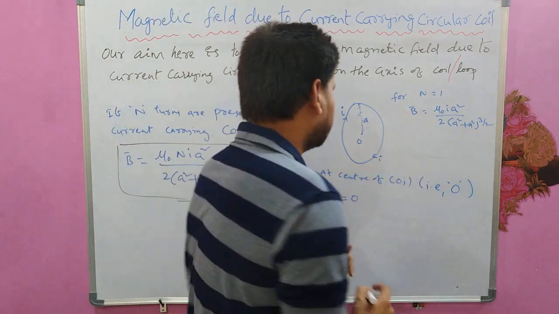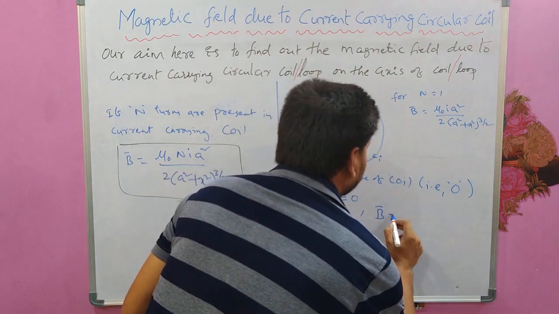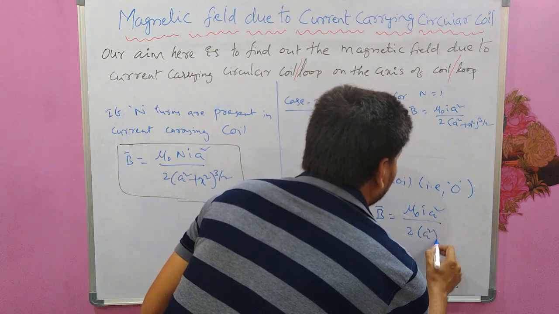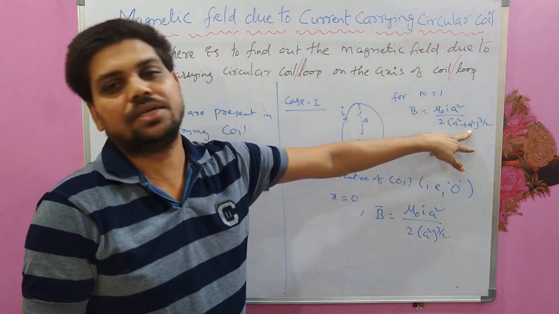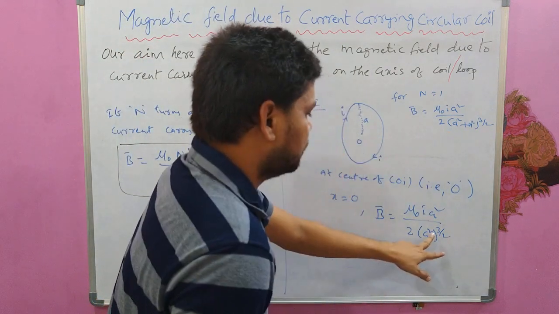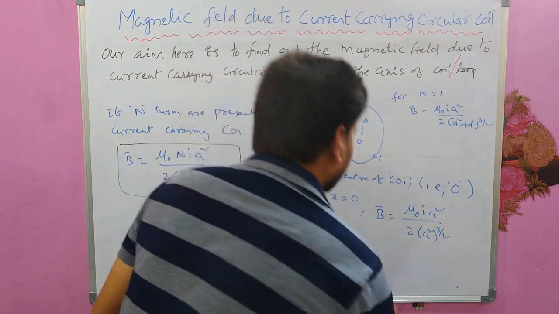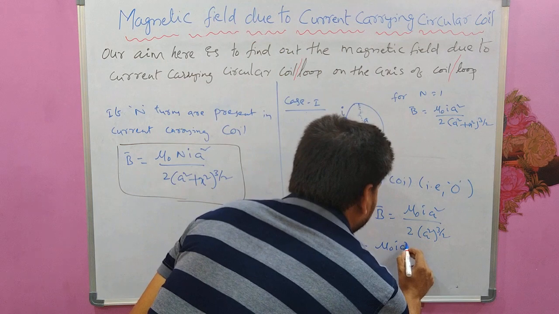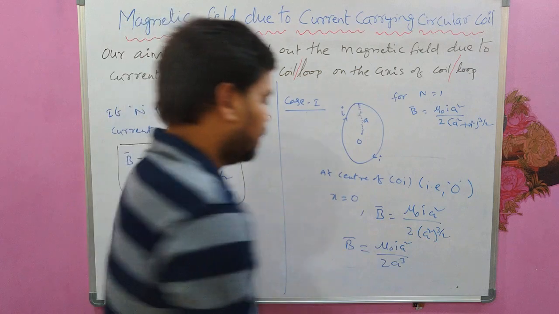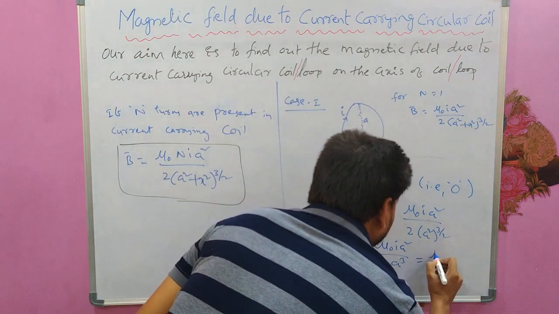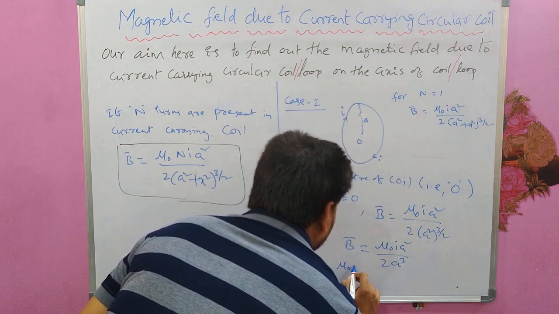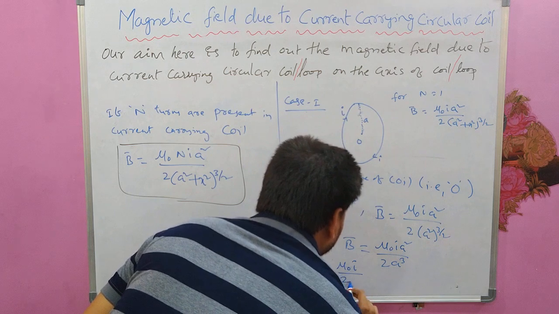And if I substitute x as 0, B will be mu naught I a square by 2 into a square whole power 3 by 2. X square is 0. And if that is the case, this square cancels with this 3 by 2, and mu naught I a square by 2a cube, which is nothing but, let me write here, B equal to mu naught I by 2a.